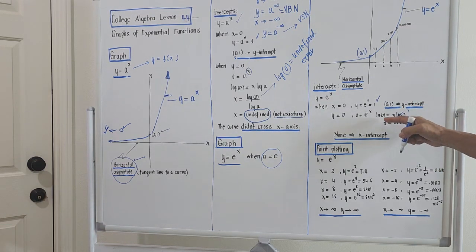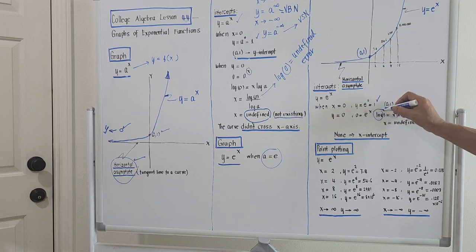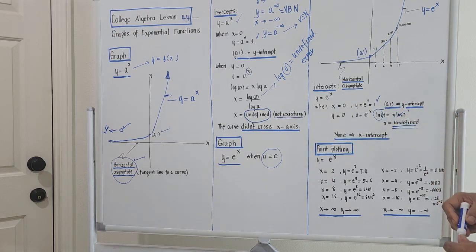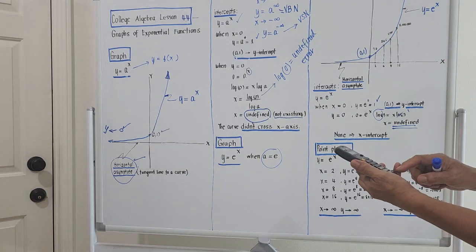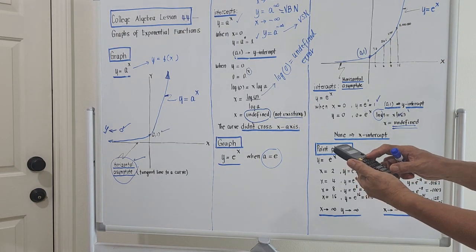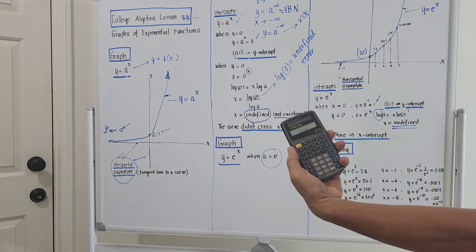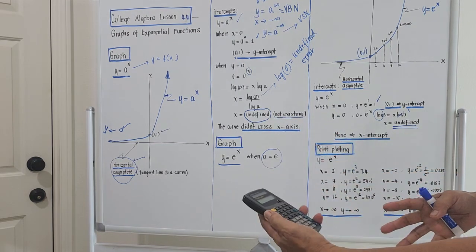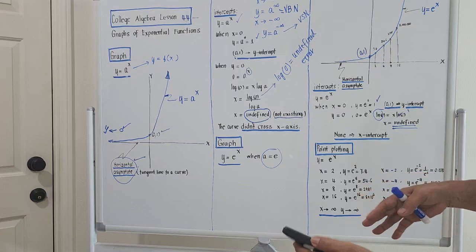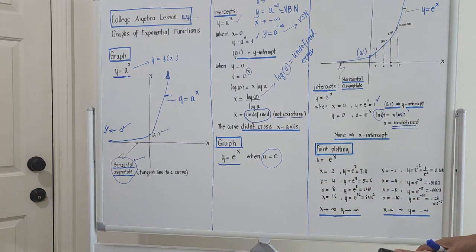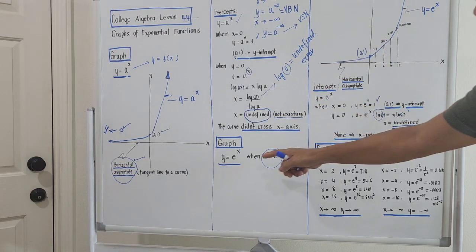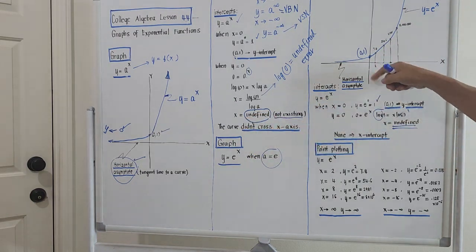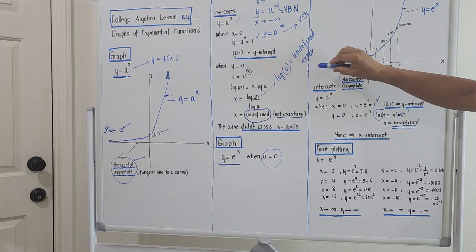So x now will be the natural logarithm of 0. But natural logarithm of 0 is actually undefined. If you put it on the calculator, you take the natural logarithm, it is an error, meaning even the calculator cannot compute it. It is undefined. It does not exist. So meaning to say, this graph y equal to e to the x does not cross the x-axis.